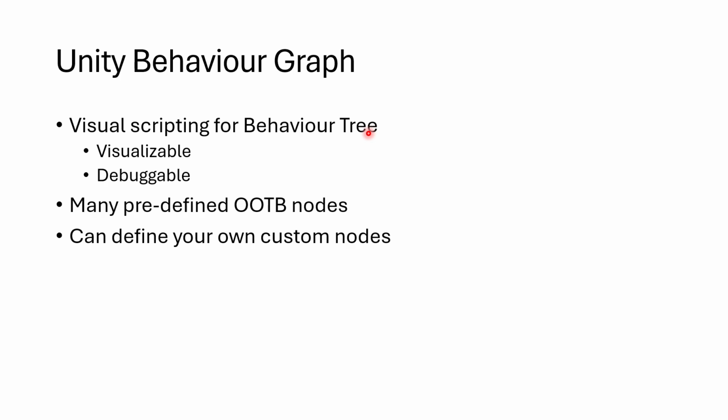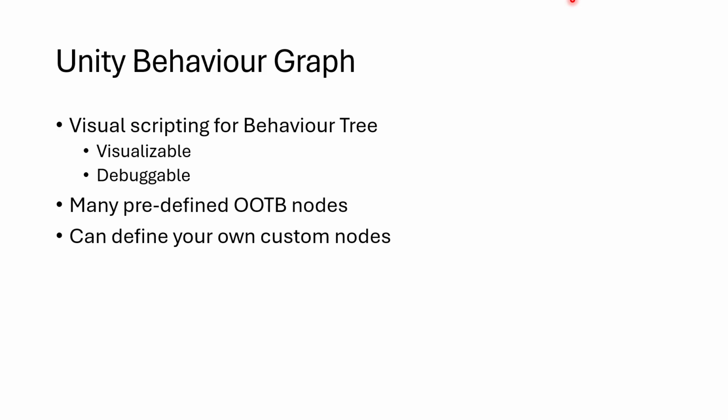So I'll explain what the Unity behavior graph is first. The Unity behavior graph is a visual scripting for behavior tree. So it's basically just drag and drop. It's like using Scratch. You have predefined blocks, and then you just need to define the transitions and the logic you want to do to go to each kind of different blocks. So it's much more visualizable because you can see what actions your AI is going to do.